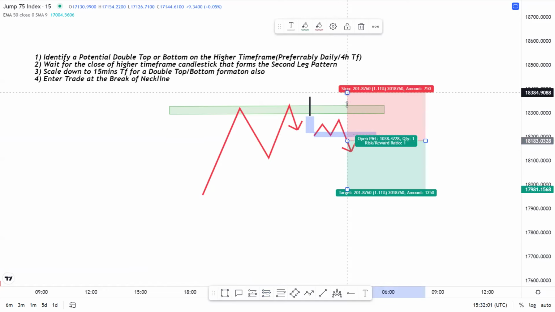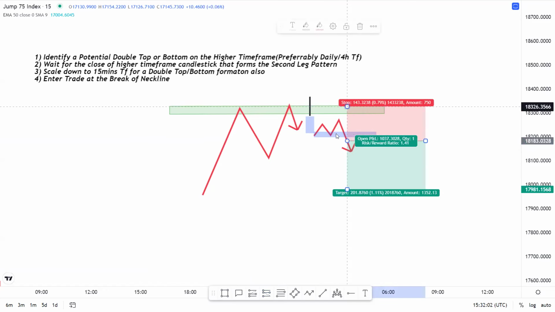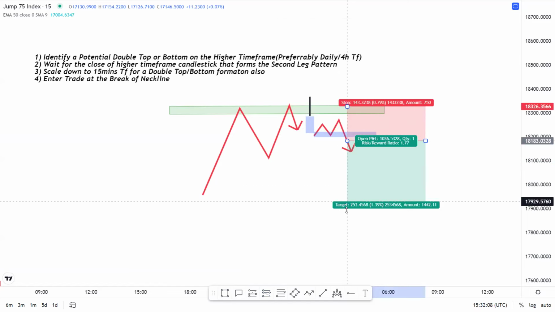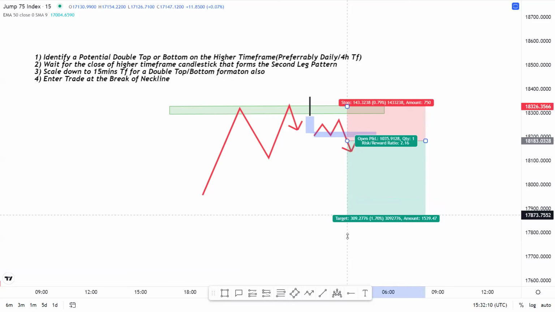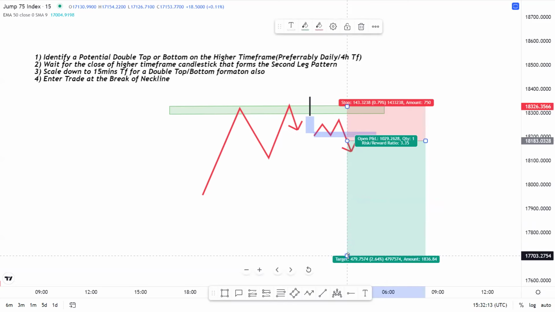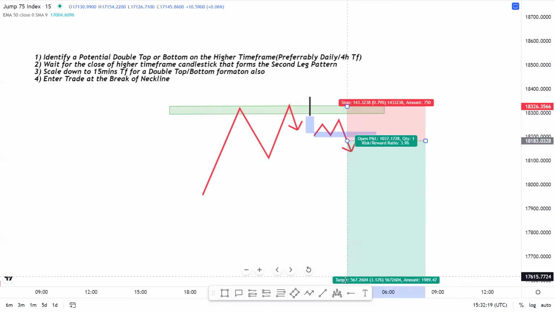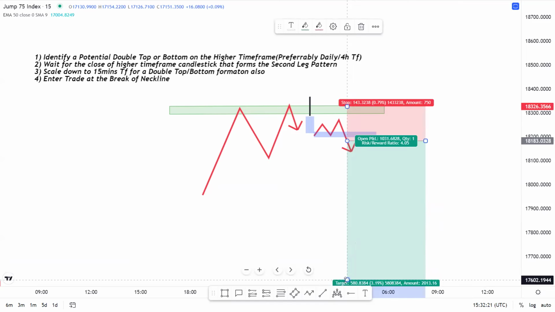Have your stop loss just above the highs of the M pattern, and then you're looking to target a minimum of 1 to 2 or a 1 to 3 risk to reward, which can be increased depending on the trend of the higher time frames.